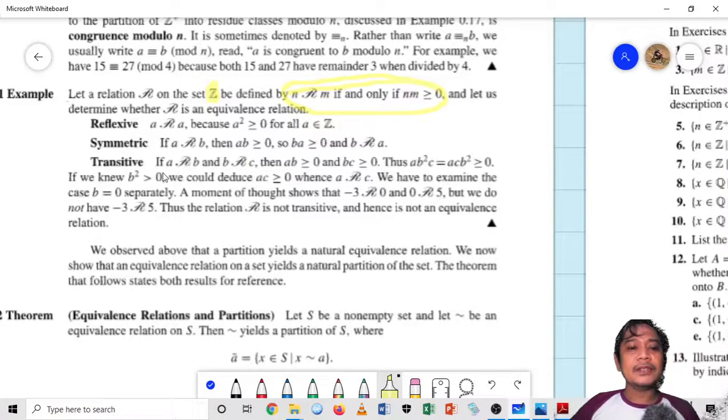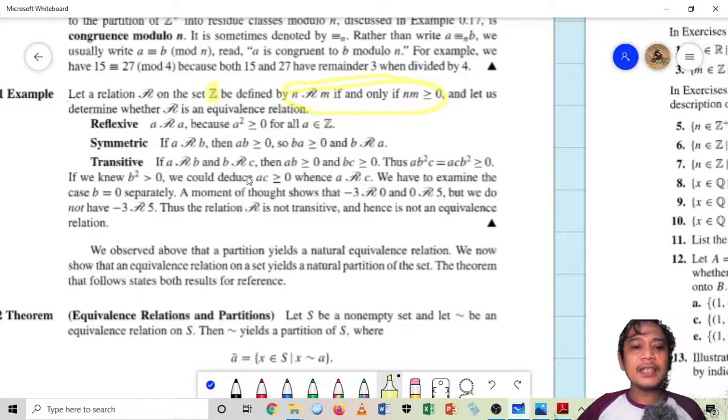Transitivity. For transitivity, there would be two assumptions. Suppose A is related to B and B is related to another element C. We should verify whether or not it should follow that A would be related to the third element C. If A is related to B, by how we defined the relation earlier, the product A times B is non-negative.